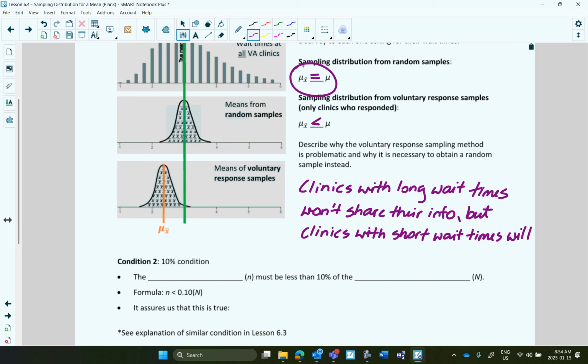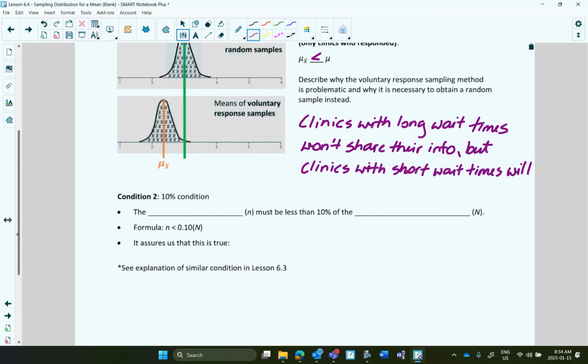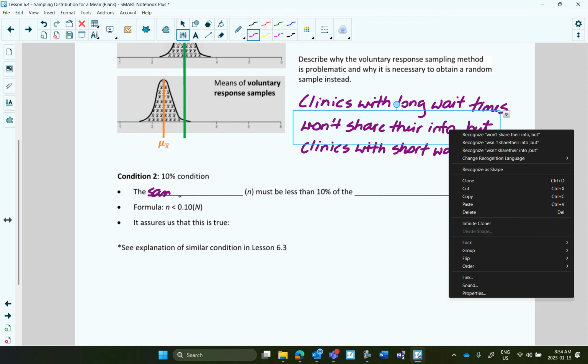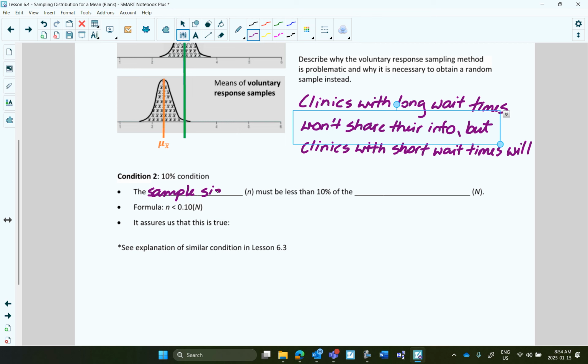Now the standard deviation. Can we use the standard deviation formula? Yes, as long as the 10% condition is met. And remember the 10% condition: the sample size, which in our case is 30, must be less than 10% of the population size.